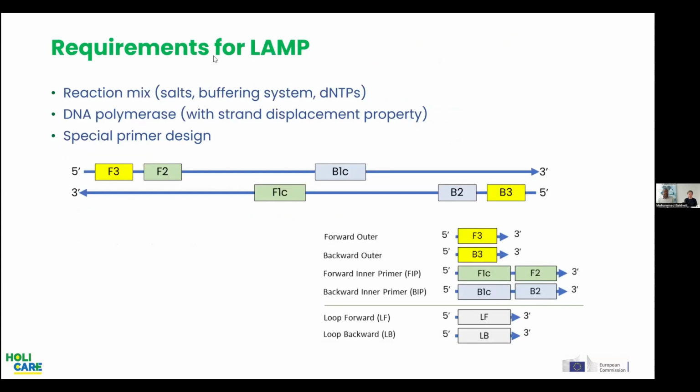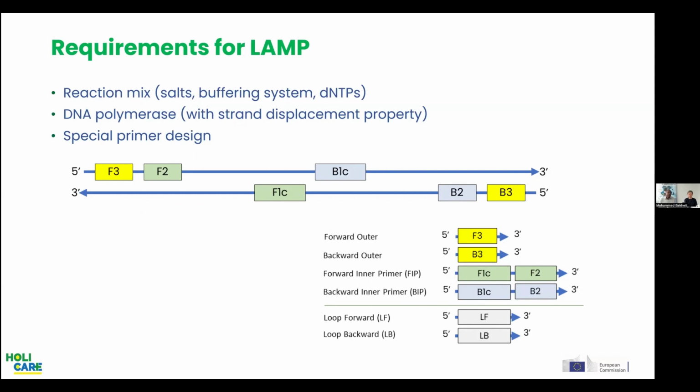So what are the basic requirements in order to perform LAMP? Just like almost every other DNA or RNA amplification method, you would need to prepare the reaction environment with the so-called reaction mix or reaction buffer, which is usually salts. There is a buffering system there. There are also the dNTPs and so forth.